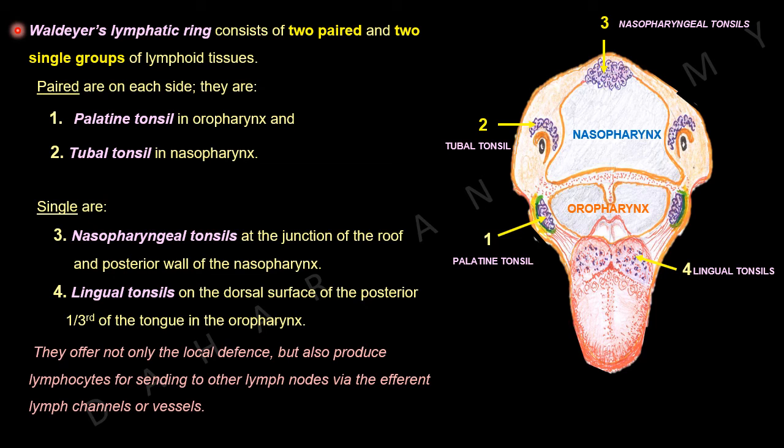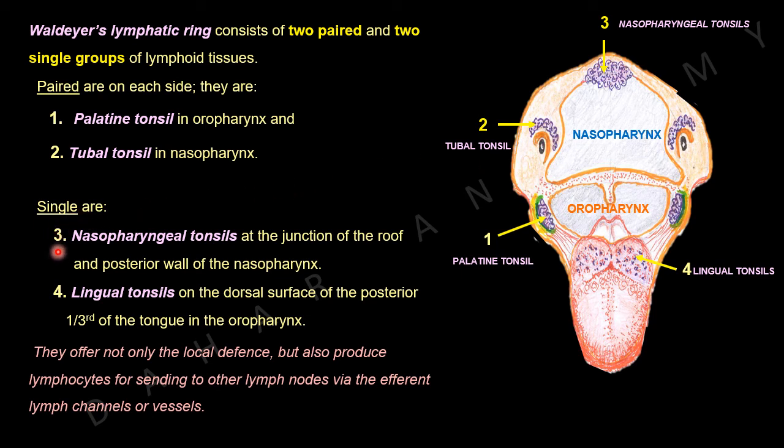Waldeyer's lymphatic ring consists of two paired and two single groups of lymphoid tissue, as I just presented in the previous slide. Paired ones are on each side. They are number 1, palatine tonsil in the oropharynx, number 2, tubal tonsil in the nasopharynx.